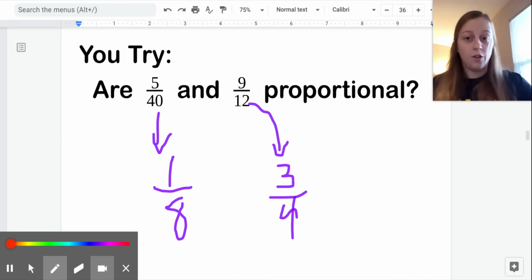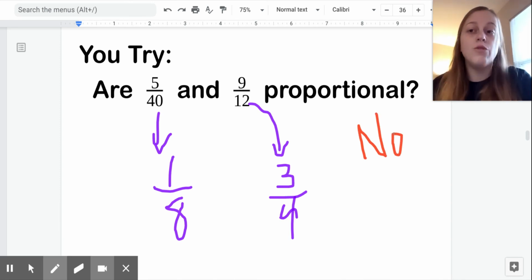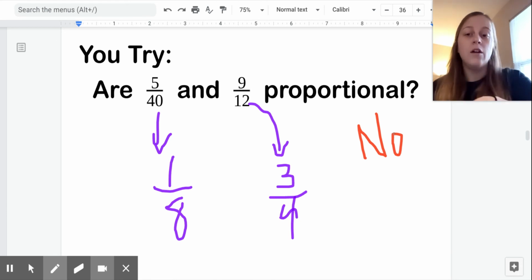So to answer the question, are these two fractions proportional? Your answer is no. Now, you cannot just give a yes or no answer on these. You have to show your thinking. So my thinking here was 5/40 is really 1/8, and 9/12 is really 3/4. So therefore, your answer is no.